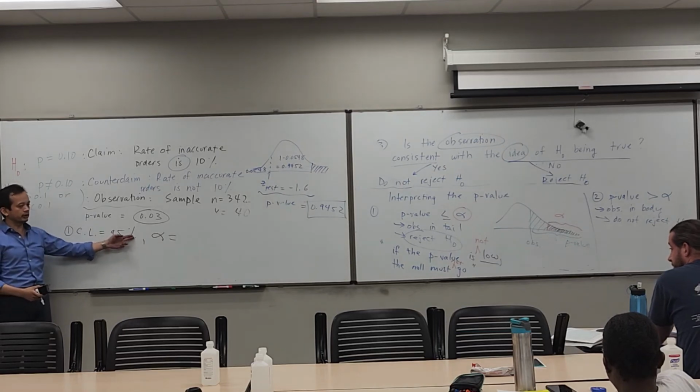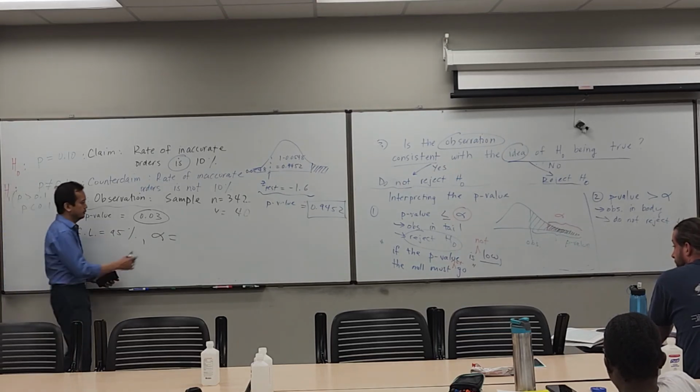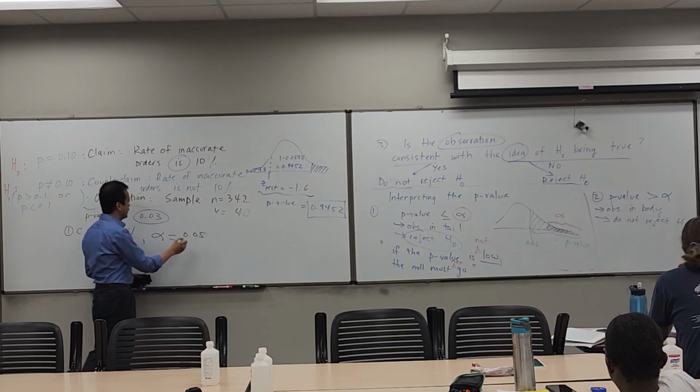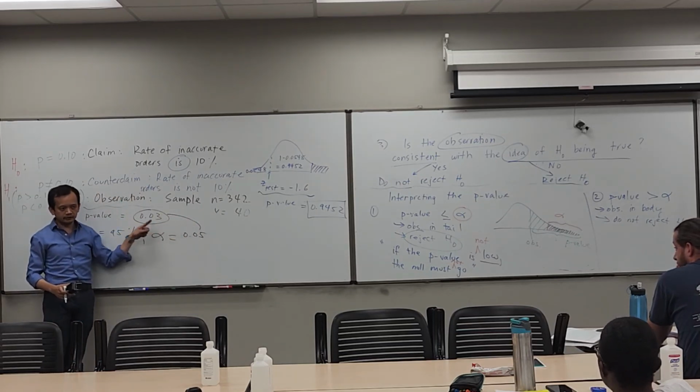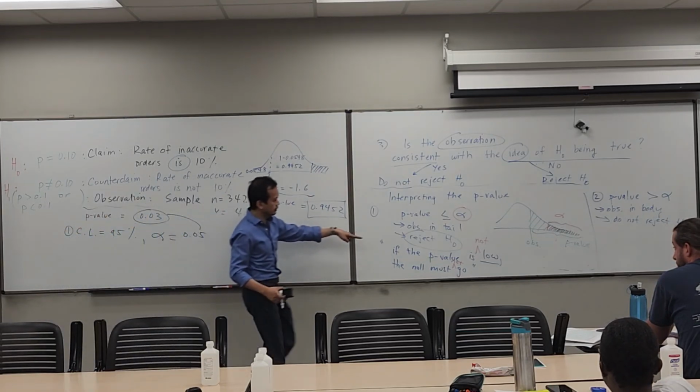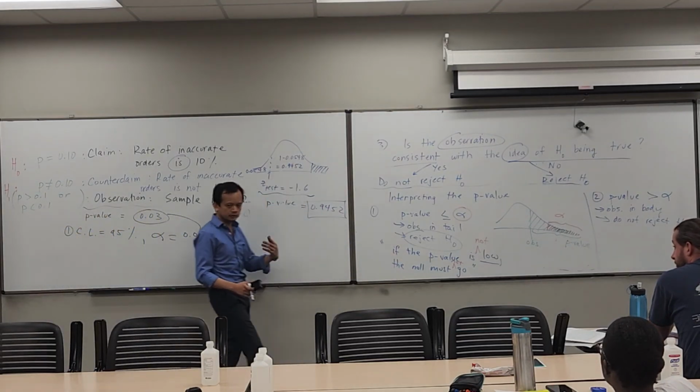Confidence level is 0.95, so 1 minus 0.95 is 0.05. In this case, the p-value is indeed less than alpha. So if the p-value is low, the null must go. So in this case, reject the null hypothesis.